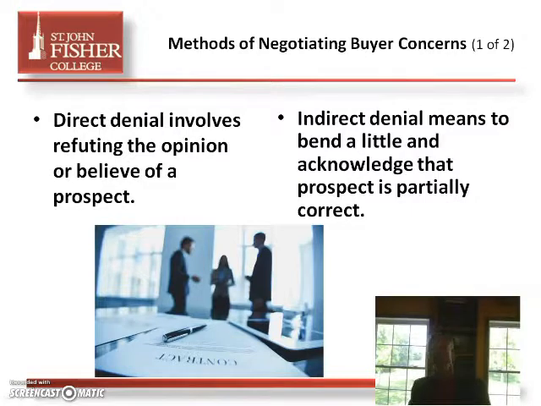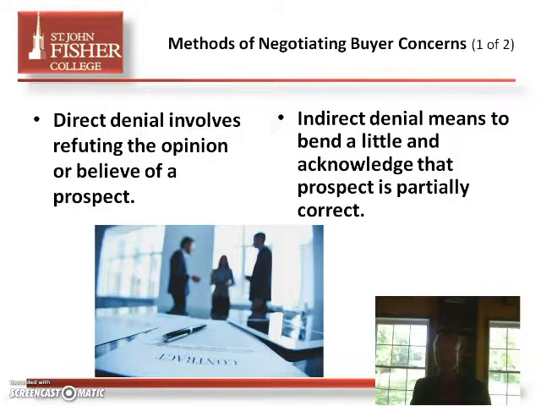So methods for negotiating buyers' concerns: either direct denial, you're wrong, or indirect denial, meaning I can see how you might think that, or I can see how that might be true in some respects. Generally speaking, the indirect denial is much better than the direct denial.